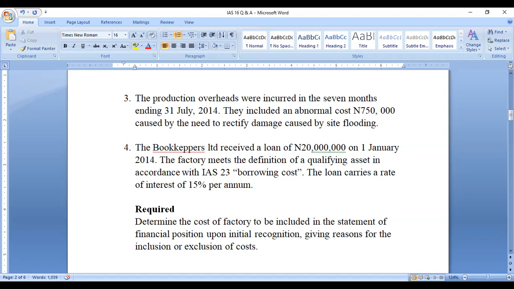So we are going to include the cost. But I think, okay, the interest on the loan. So we are going to look for the 15% of the 3 million. That is what we are going to be adding to the cost. That is 3 million.